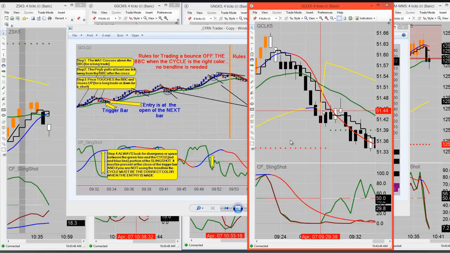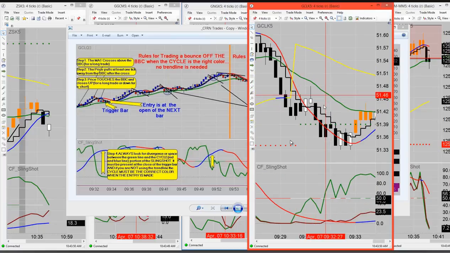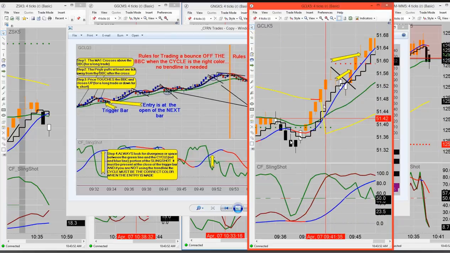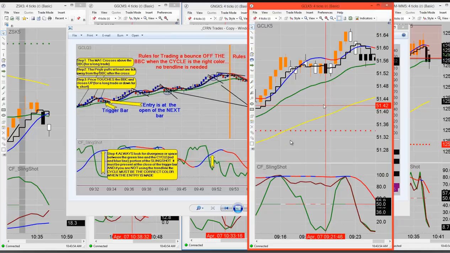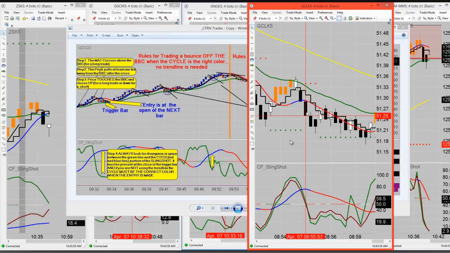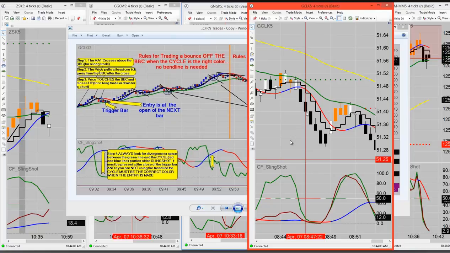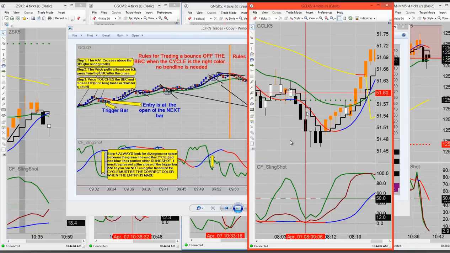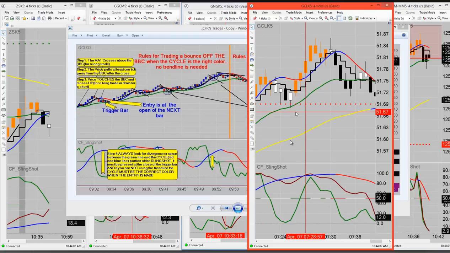There we go. All right, so what I was looking for was an example of this trade setup right here. And it's going to be a long trade. There's one.